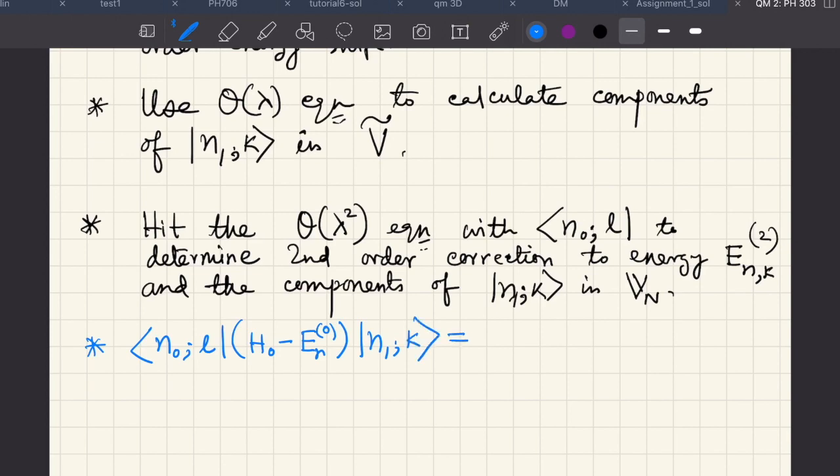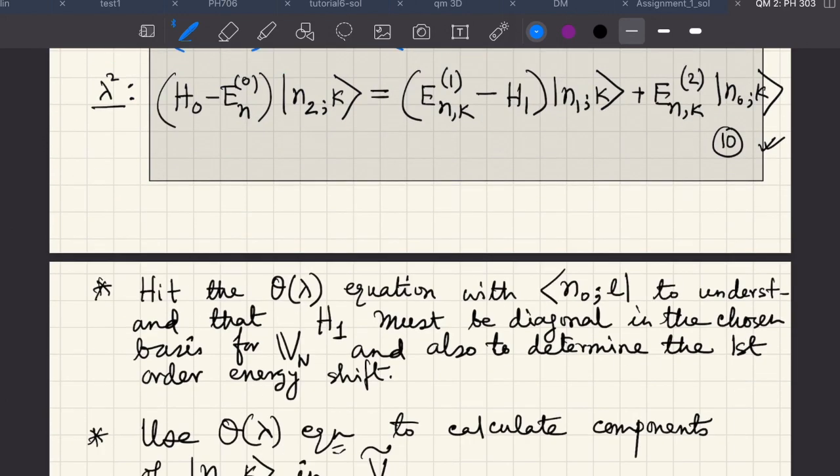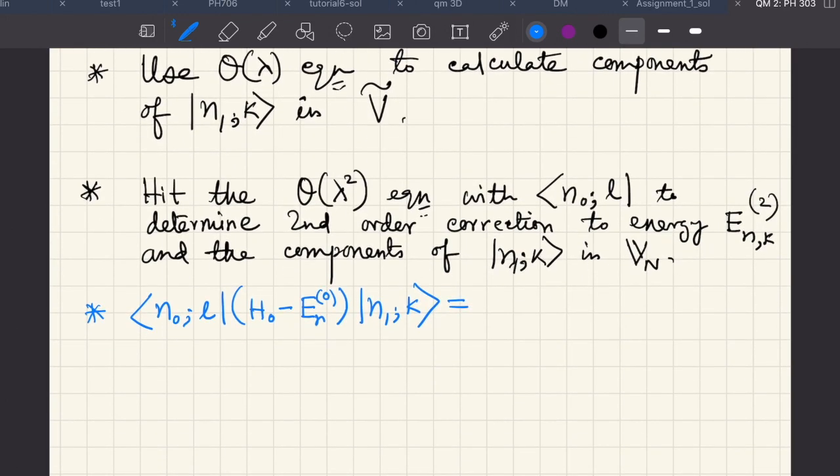So this is the order lambda equation, that is equation number 9 that I am taking, and I am applying from the left side by n0L. That's what I am doing here. So the right hand side, it is n0L (En^K1 minus H1) n0K.